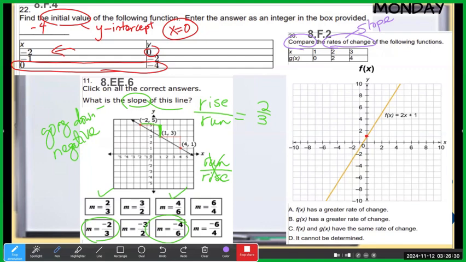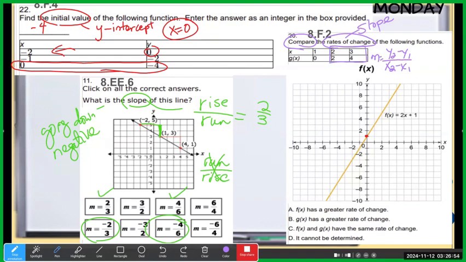So they gave us a table. In my table, how can I find my slope? Y2 minus Y1 divided by X2 minus X1. Which points are we looking at? (2, 2) and (3, 4).